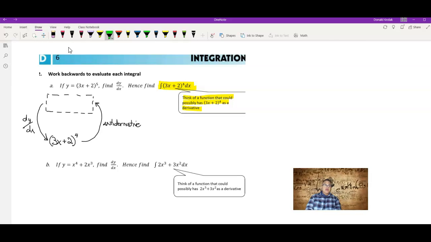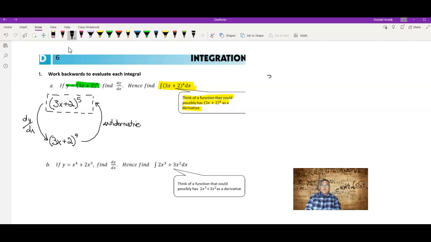If I took the derivative of (3x plus 2) to the 5th, that 5 would come out front, and the exponent would become a 4.